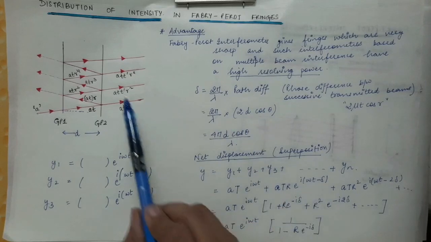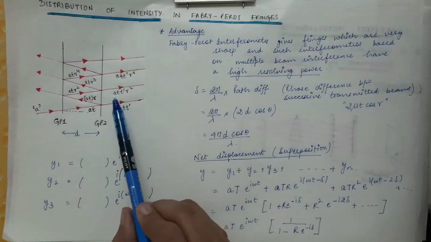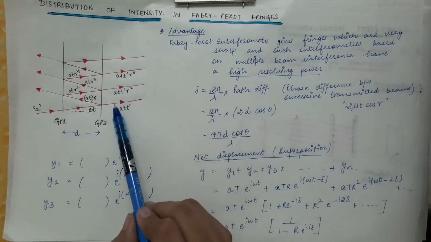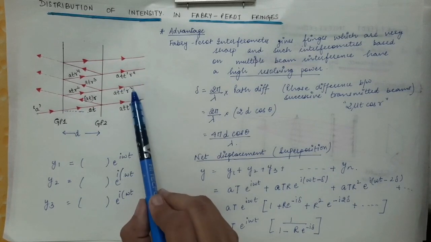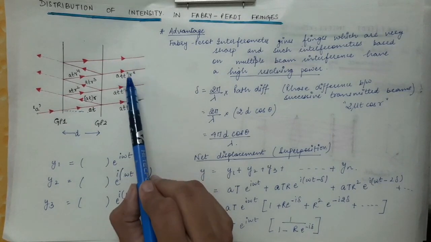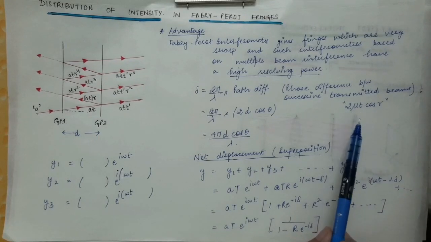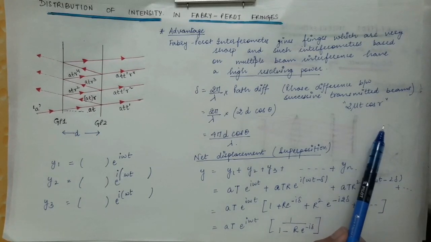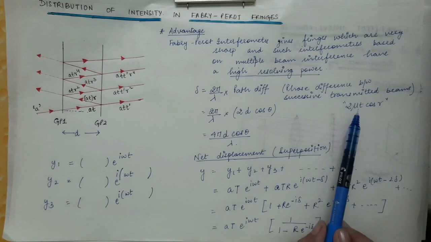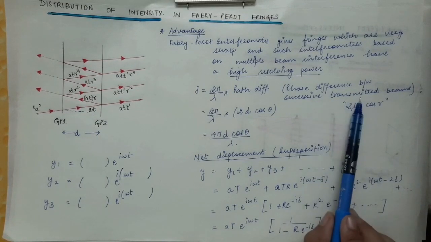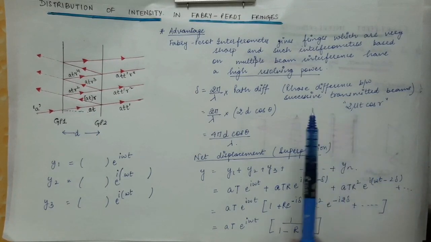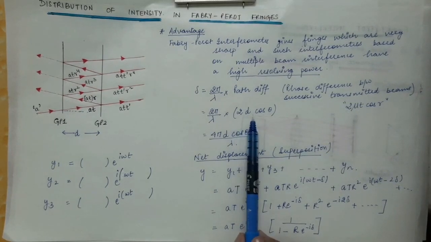So the path difference between these two transmitted rays will be 2d cos theta, where mu is equal to 1 and t is equal to d. So the path difference between successive transmitted beams is 2d cos theta.